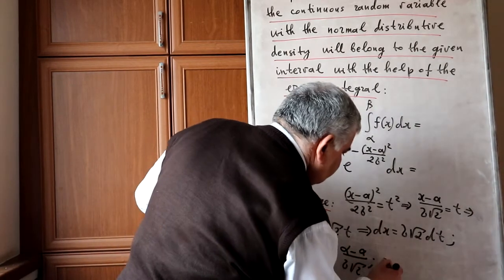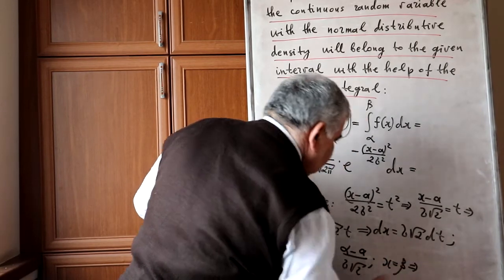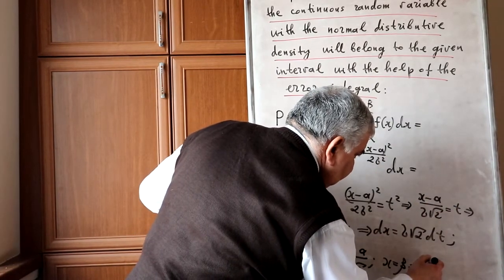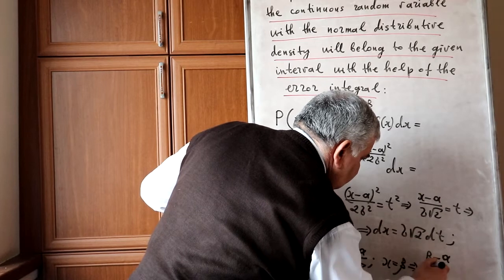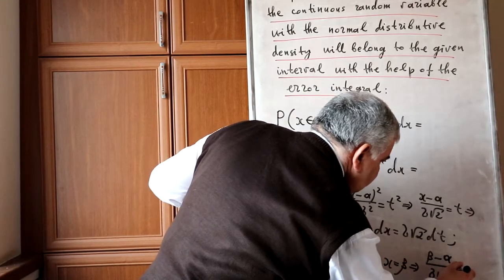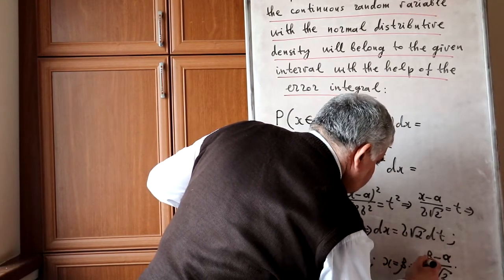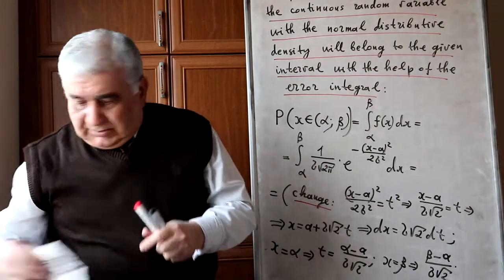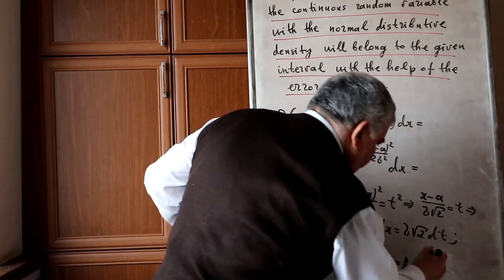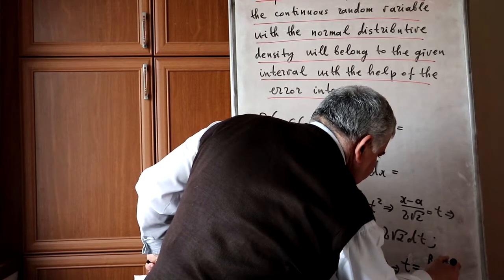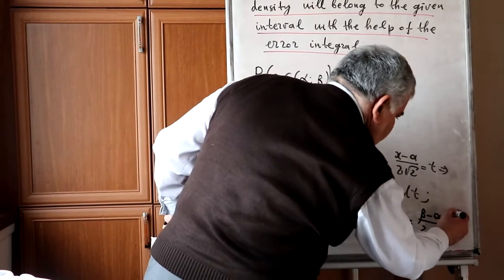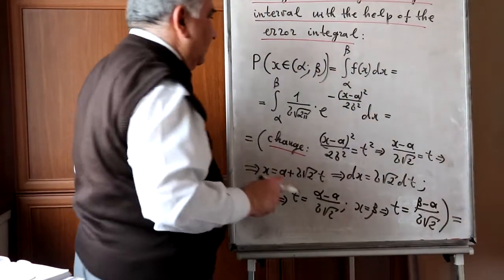And if x is beta, then we must substitute beta instead of x in this formula, and therefore we'll obtain t equals beta minus a over sigma multiplied by square root of 2. Close the parentheses and then continue.